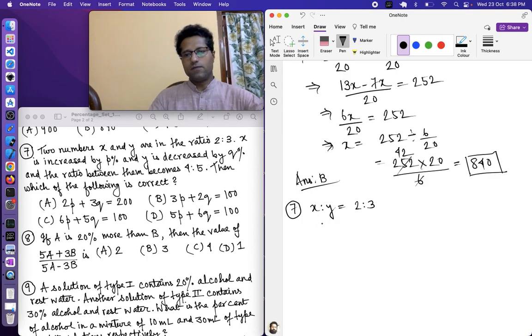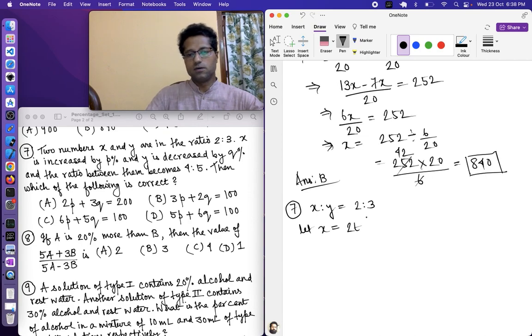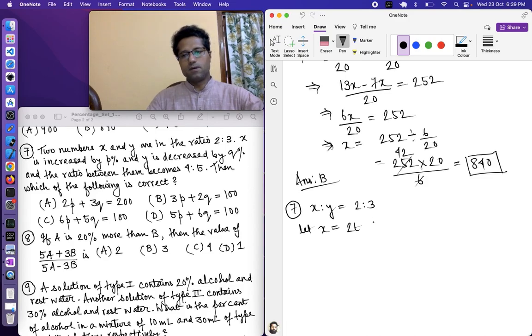Now whenever we have a ratio, we are having two quantities x and y, the ratio is 2:3, and if we want to compute the value of x and y based on some other given information, we always assume that using the parts of the ratio, we multiply each part by some unknown variable.